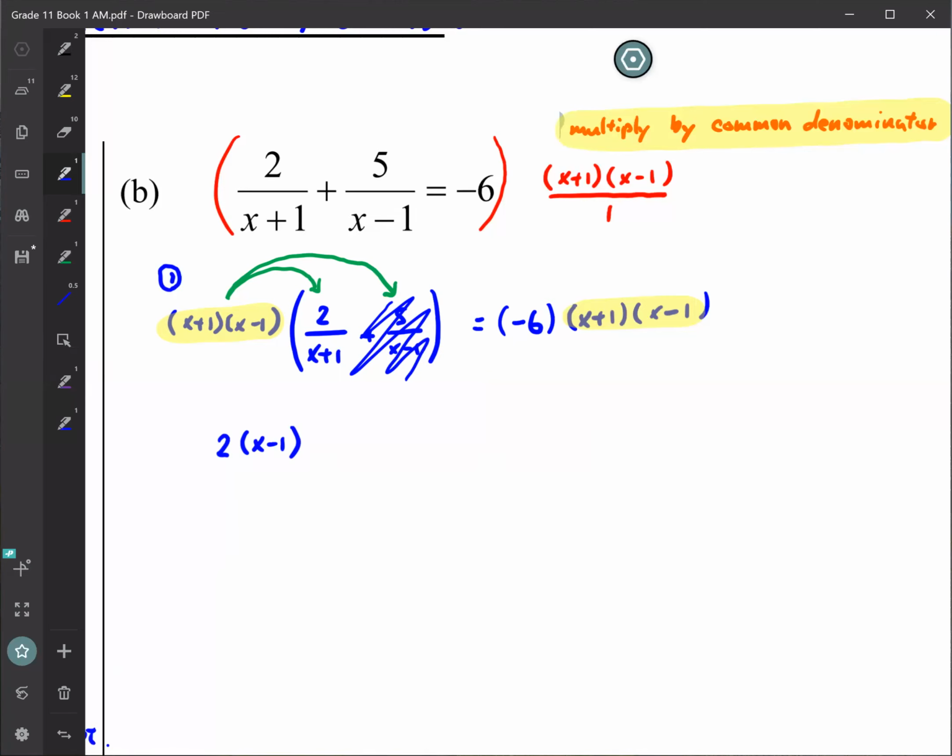Can you raise your hand if you understand what's happening so far? I want to make sure everybody is on the right track. So now the second part. I will take the same common denominator, but this time I multiply by the second fraction.